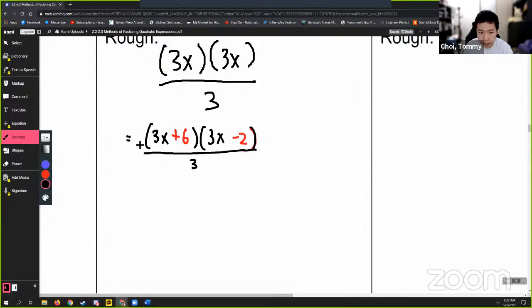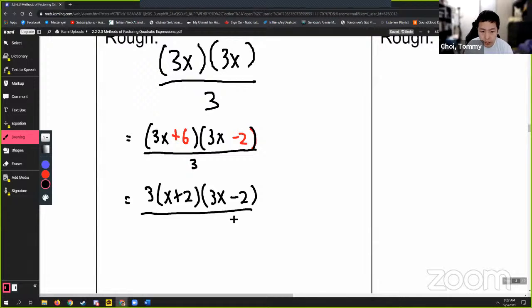Once we have that done, we common factor each of the brackets. On the left, I'm going to common factor out a 3. On the right side, 3x minus 2 doesn't have any common factors, so we just leave that there. And that's all divided by 3.